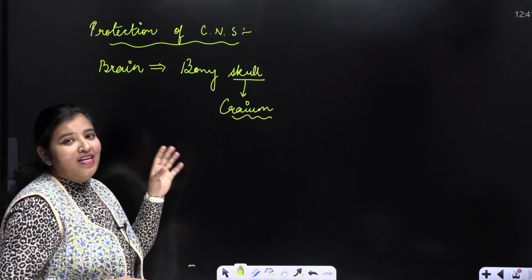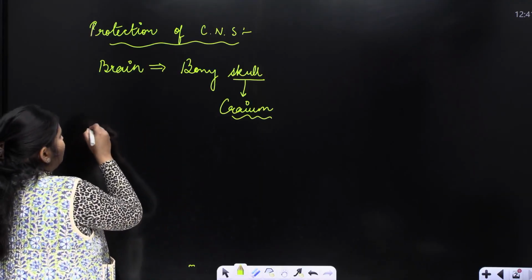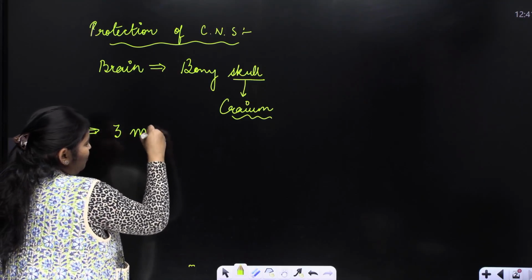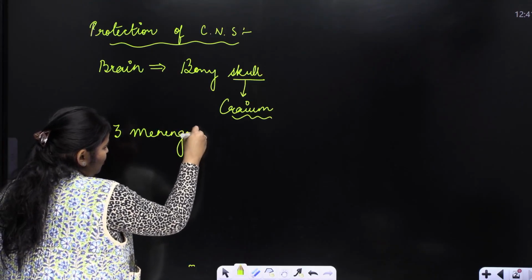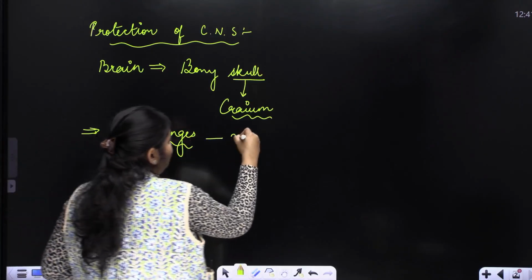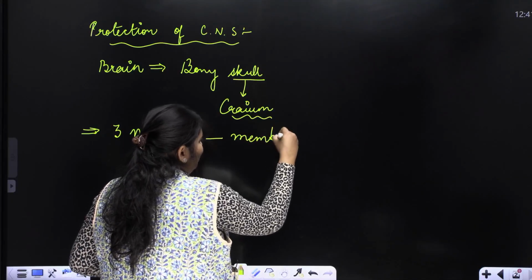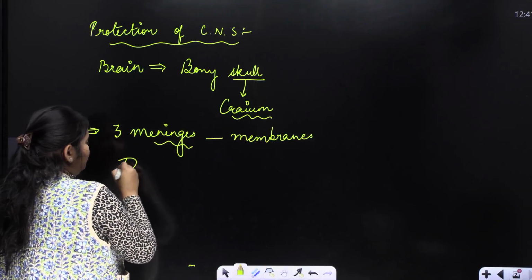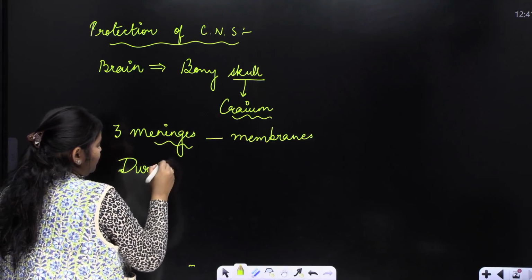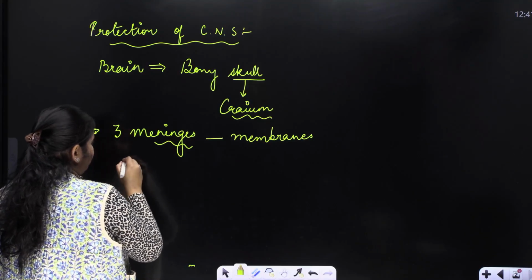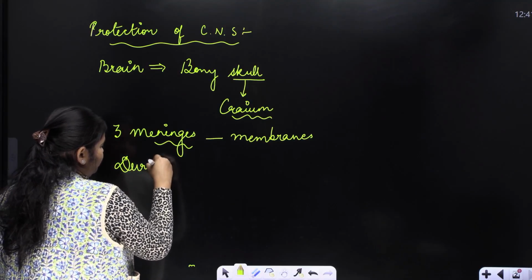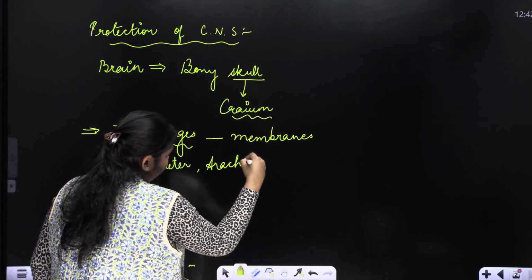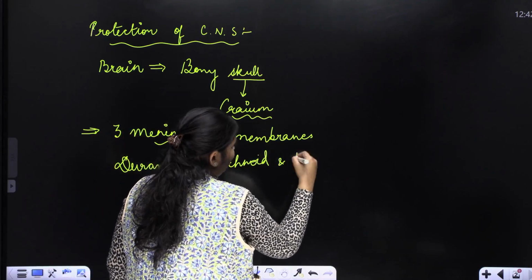There is another level of protection to the brain, which is the presence of three meninges. The word meninges means it has three membranes: the dura mater, arachnoid, and pia mater.